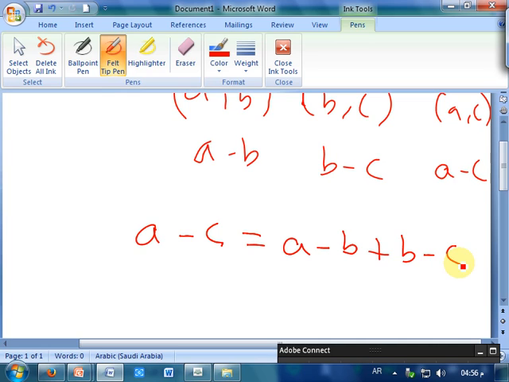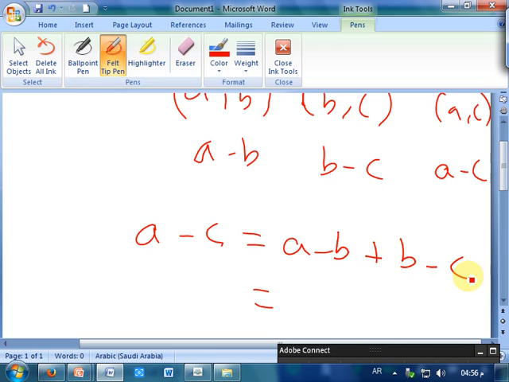How do we solve this? You take this minus b plus b out. What is it? a minus c. So a minus c is equal to a minus b plus b minus c.